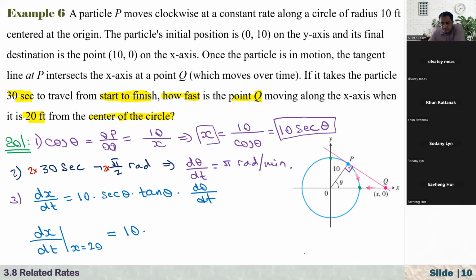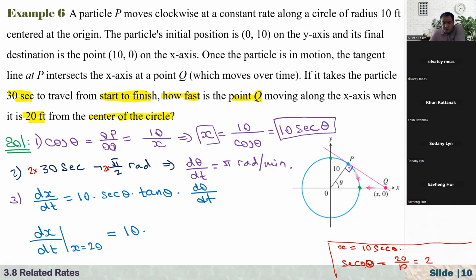When x is 20, since x equals 10 times secant of theta, secant of theta is 20 over 10, which equals 2.